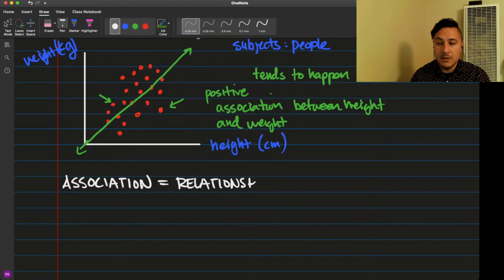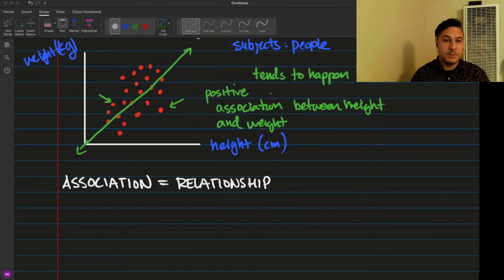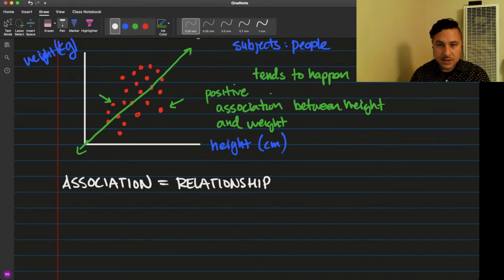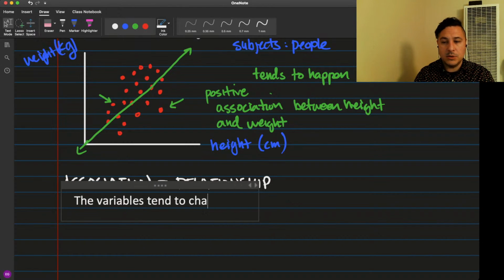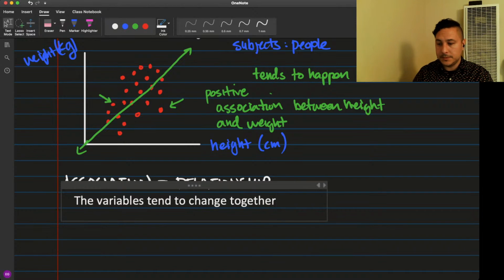In other words, if one gets bigger, the other gets bigger, or if one gets smaller, the other gets smaller, or maybe one gets bigger and the other gets smaller. So do they tend to change together? You talk about an association or relationship of variables if the variables tend to change together.